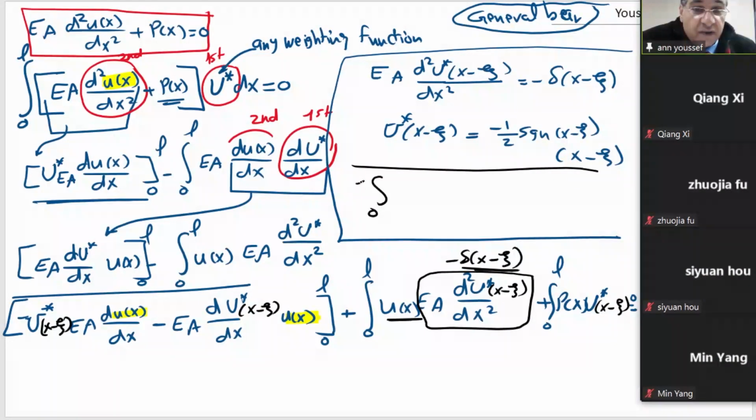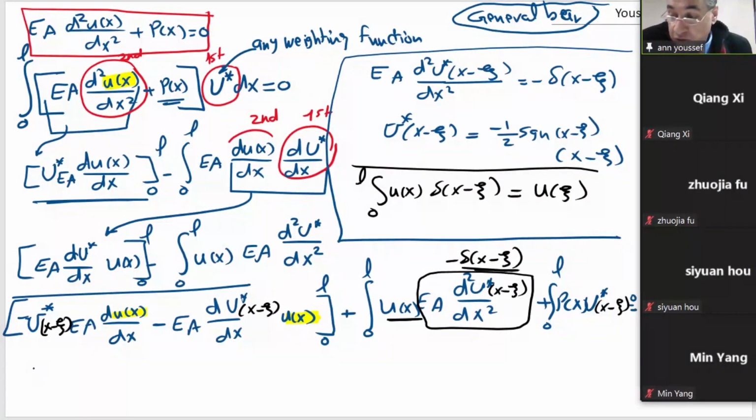If we have the integral from 0 to L of u of x times the delta of x minus xi, it will end up as u of xi. This is called the filtering property for the Dirac delta, and you can prove it very easily, even using the Laplace transform. It's not a problem. So we will end up with a very nice equation.